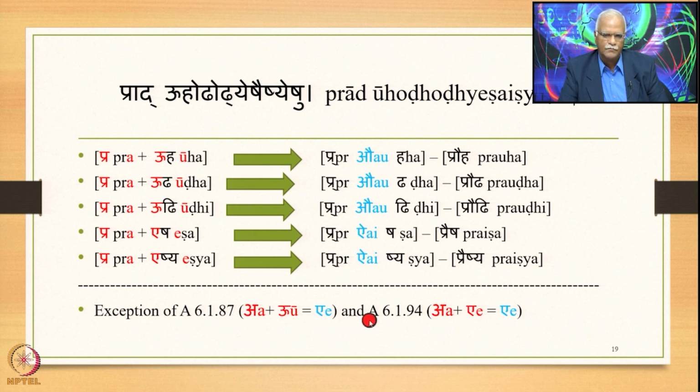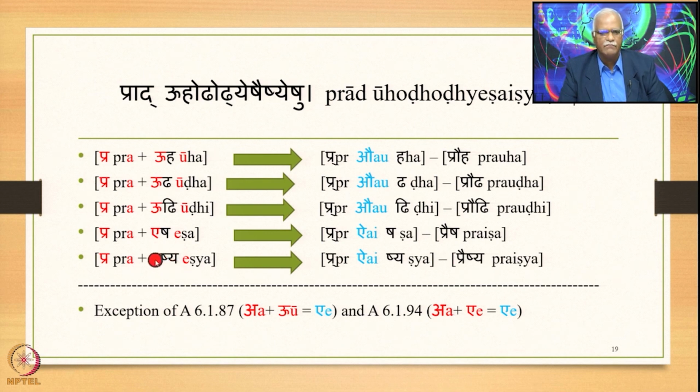Similarly, if you look at the remaining 2 cases, pra plus esha and eshya, because they are derived from a verbal root and a coming at the beginning of a verbal root, 6194 would apply and would generate the output of a plus a as A. But that is not the case with these 2 specific cases.